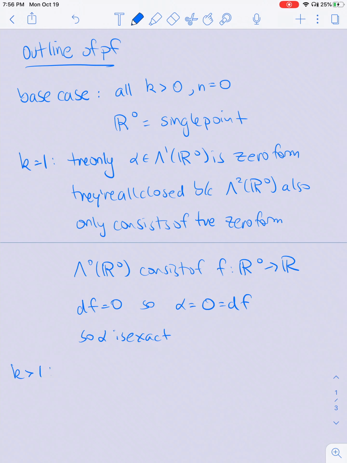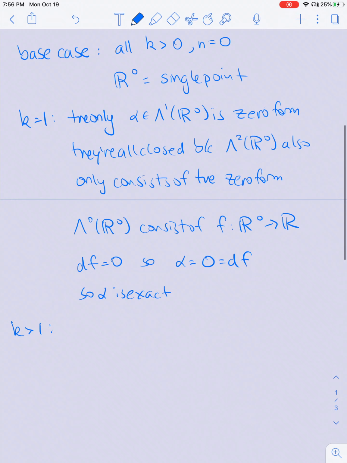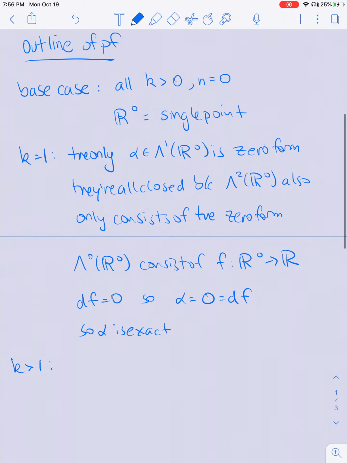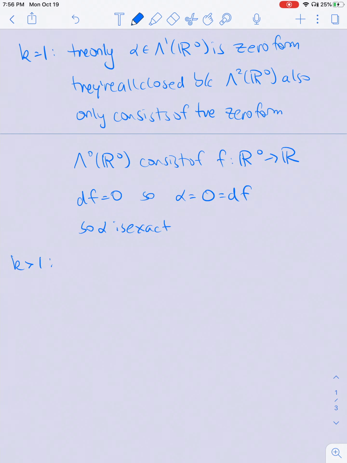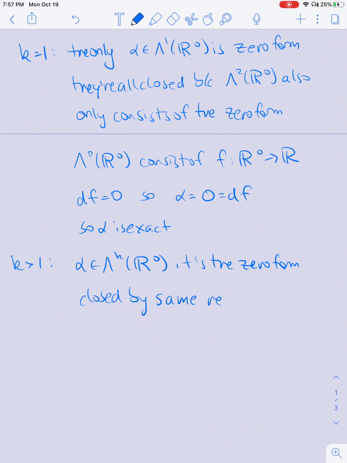When k is greater than 1, it's basically the exact same argument, except the only k minus 1 form I'm allowed to consider is the 0 form. But I don't have to worry, because I can just do the exact same thing I did for k equals 1. If alpha is a k form on R0, it's the 0 form. It's closed by the same reasoning as for 1 forms.